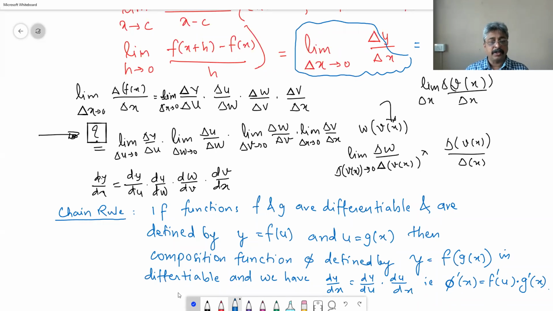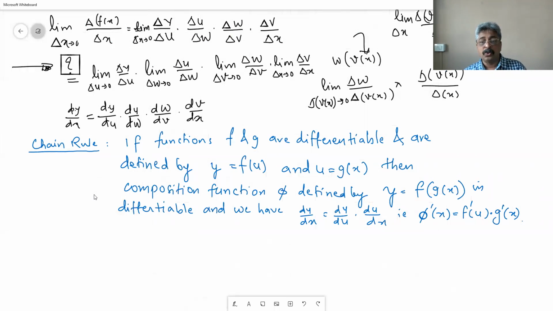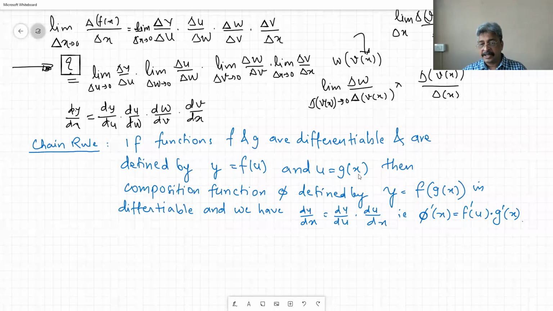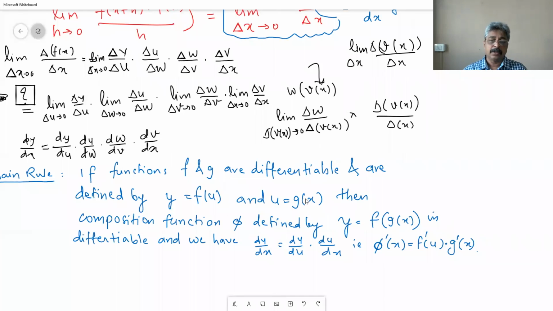This is what is our chain rule for two functions. Composition is FOG here. So variable, independent variable is x, u is dependent on x and y is dependent on u, therefore composition FOG.